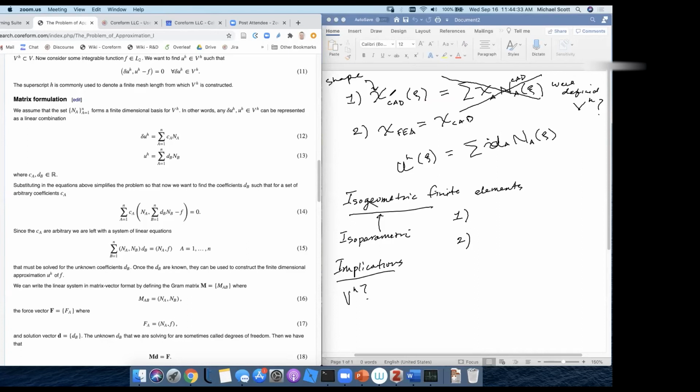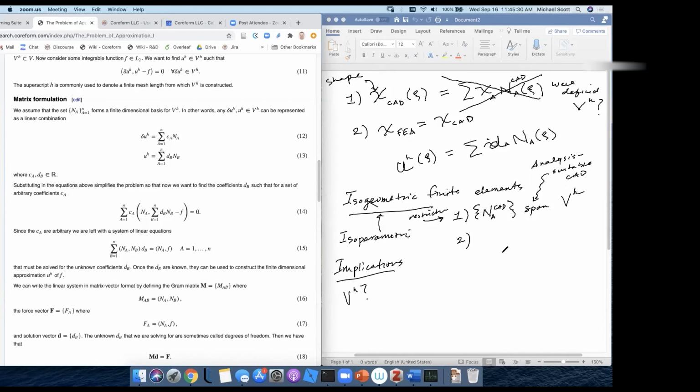Yeah, so the first one, where the set of functions in a CAD span in a rigorous way some VH, the term that we are using currently for this is we normally call this analysis suitable CAD, meaning that we've controlled the CAD operation such that we know that the resulting parameterization and basis is suitable for simulation. Okay, that gives really high quality results, but it's a little restrictive.